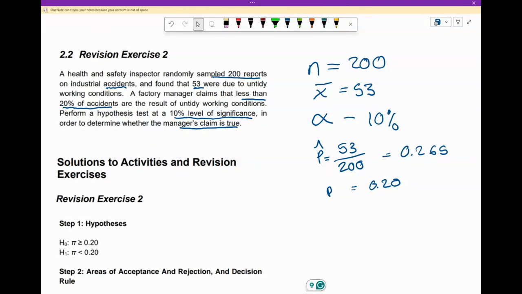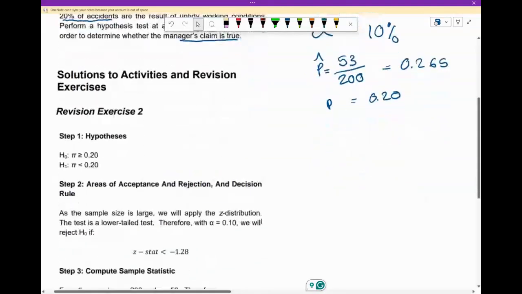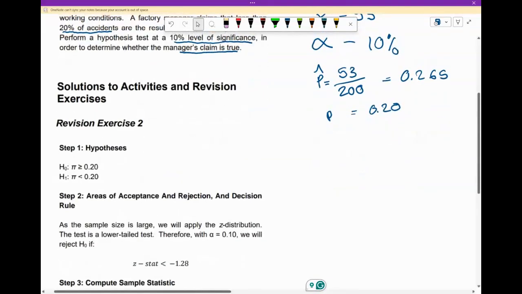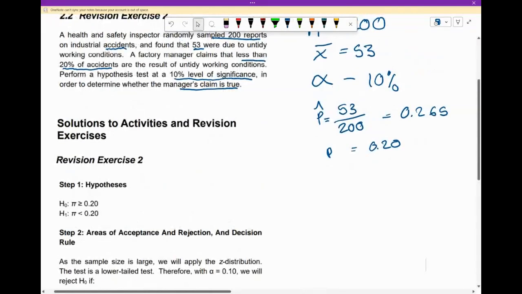Okay. So now what we are asking ourselves is, are 20% of accidents caused by an untidy working condition, or is it going to be more than that? So it's two situations.